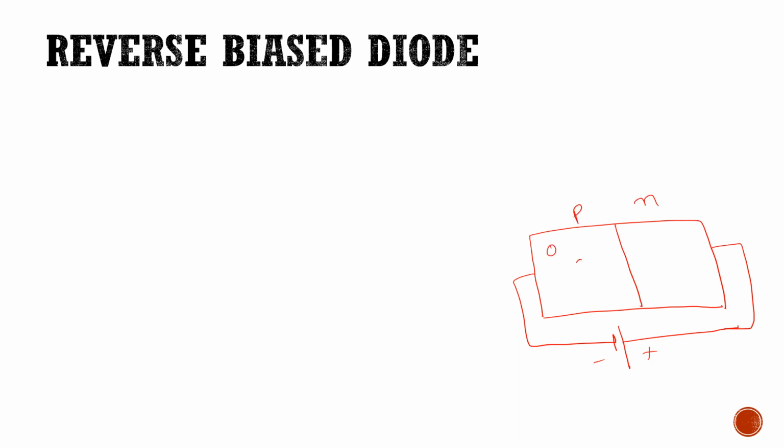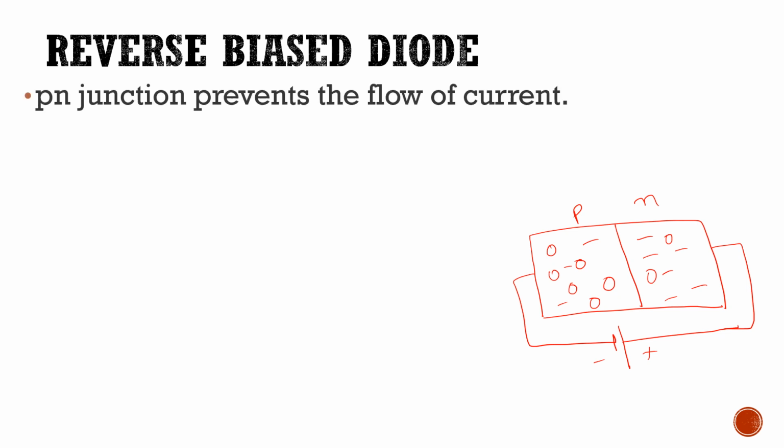We know that holes are the majority charge carriers in P region and electrons are the majority charge carriers in N region. Now, in this reverse biased diode, PN junction prevents the flow of current. Now, how is it preventing this flow of current? We know that negative and positive charges attract each other.